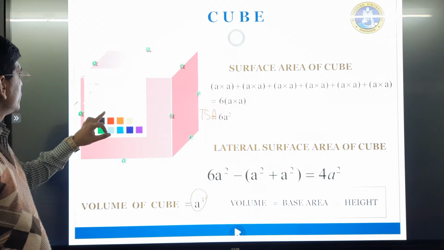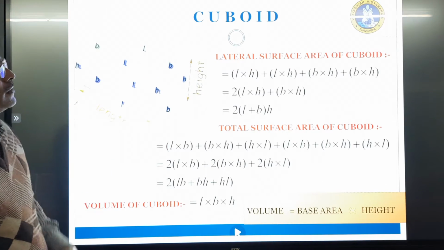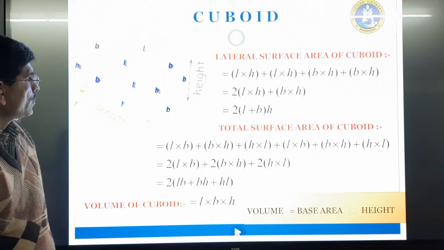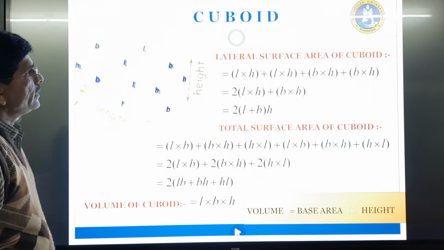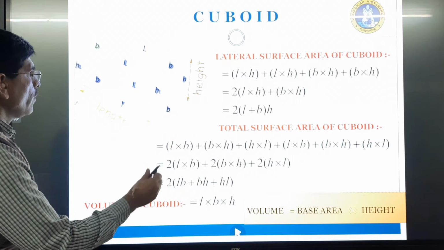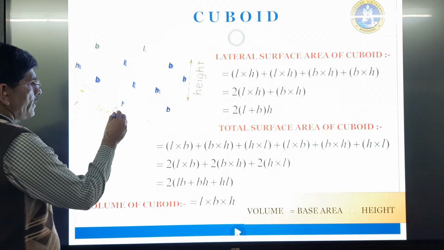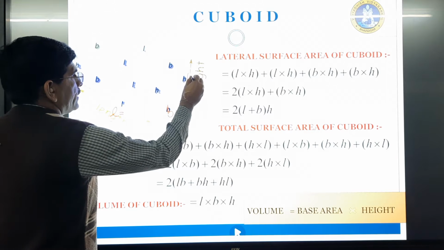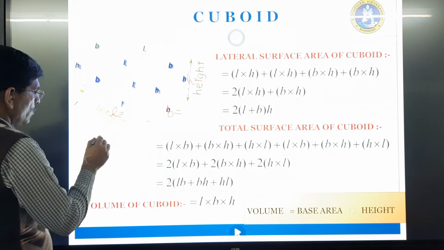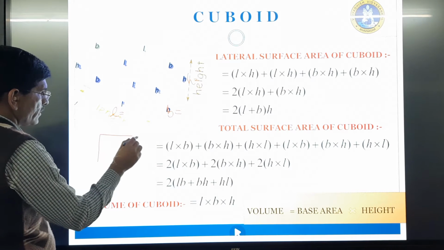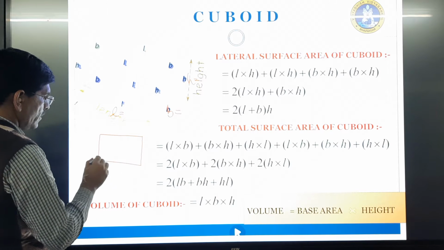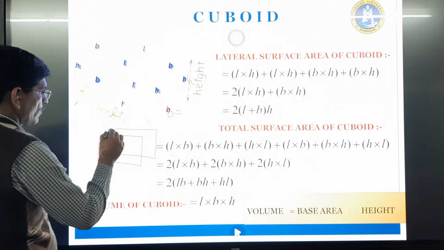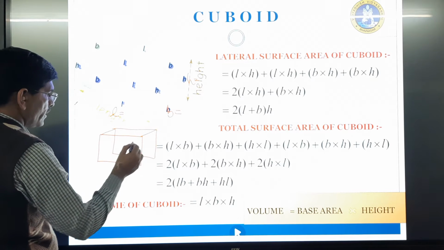Now in the next slide, lateral surface area of a cuboid. Here it is a cuboid, with length L, breadth B, and height h. You can draw one for proper understanding.